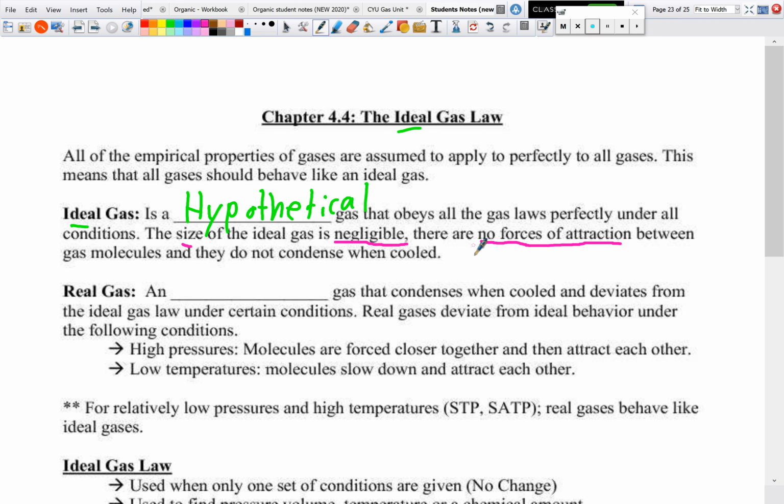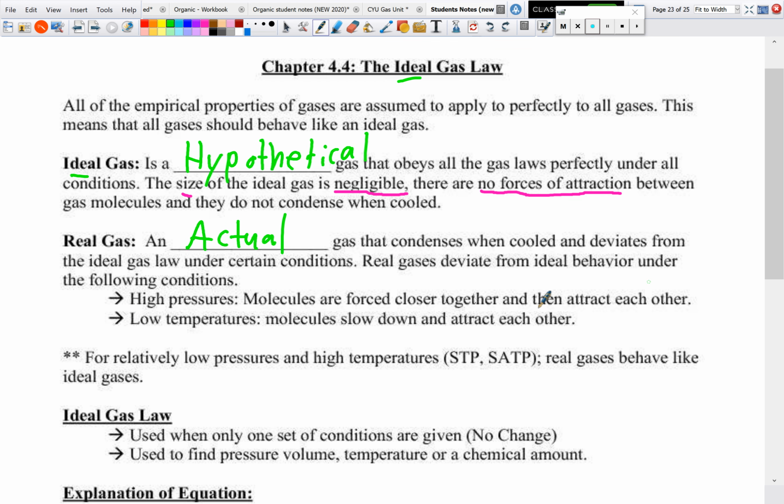All right. Now we know this isn't going to be the case because a real gas is an actual gas that condenses when it cools, and it can deviate from the ideal gas law under certain conditions. Now these are going to deviate under extremely high pressures and extremely low temperatures.